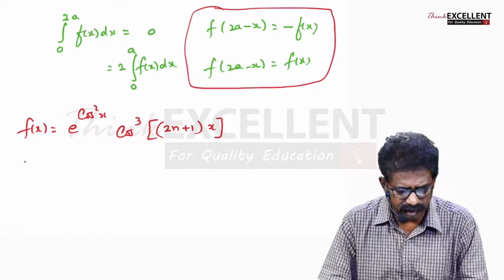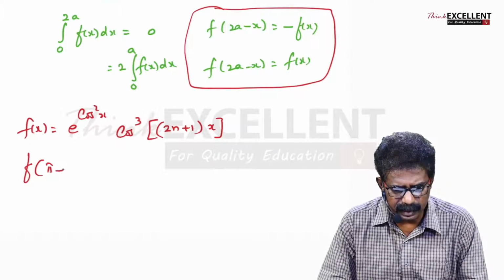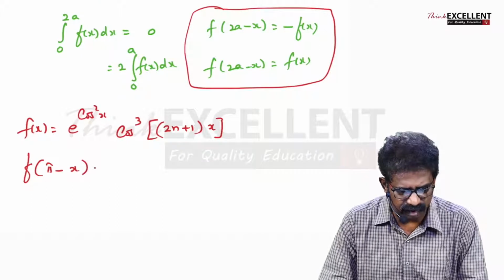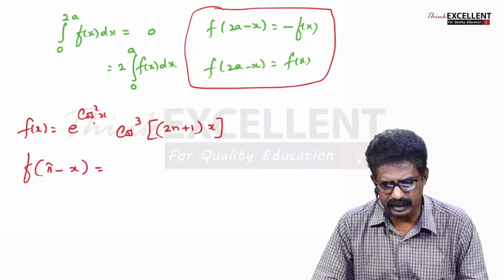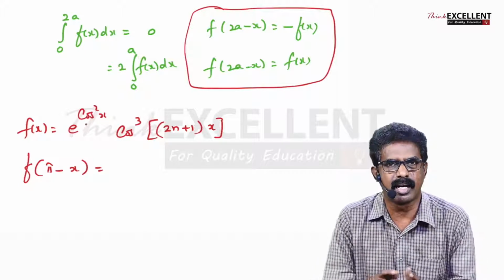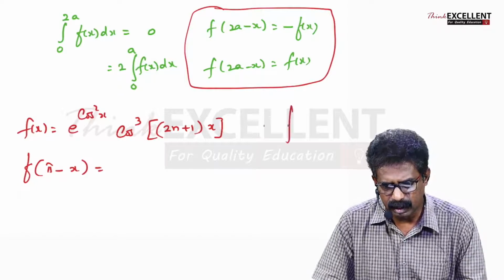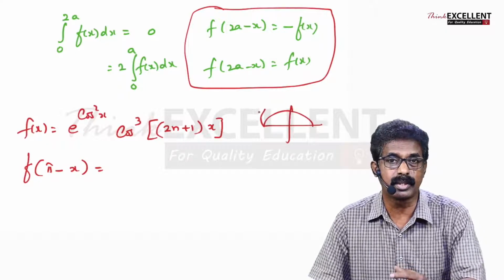Now we find f of pi minus x. So 180 minus x. What is cos of 180 minus x? See, 90, 180 is on the line. Minus x means it will come back to the second quadrant.